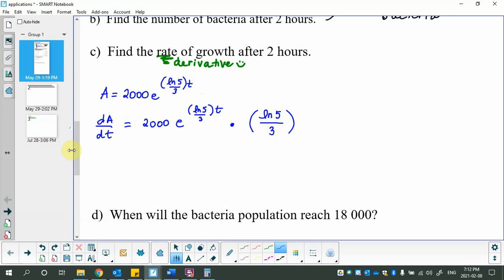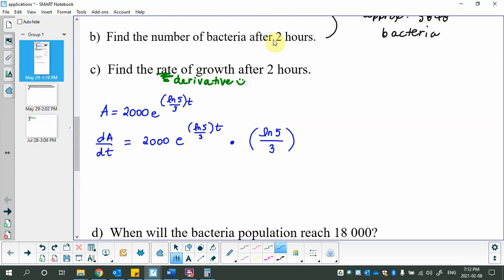I have led you scaffolded very well because I asked you about 2 hours in part B and then 2 hours in part C. So I am going to put 2 in here. Maybe some of you can see the awesomeness about this.